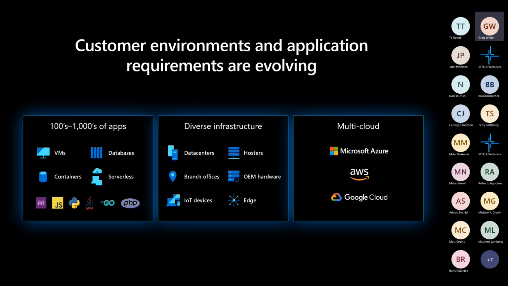Obviously, it goes without saying that our customer environments and the applications they utilize are continuously evolving. We've talked about this in many different sessions, that there are more and more apps popping up every day, and these applications are now spreading out to an even broader infrastructure base that we have to start supporting. If you're in the SMB market, you may go one way or the other, where you're on premises, or your customers have made that leap and are now fully in the cloud.